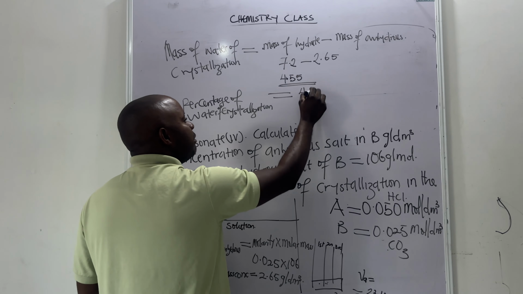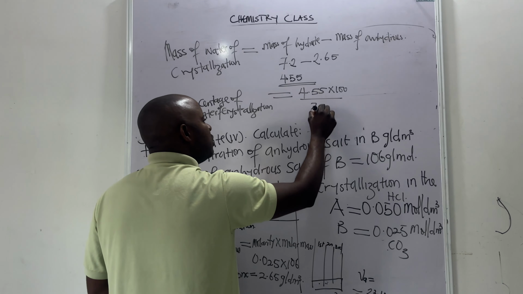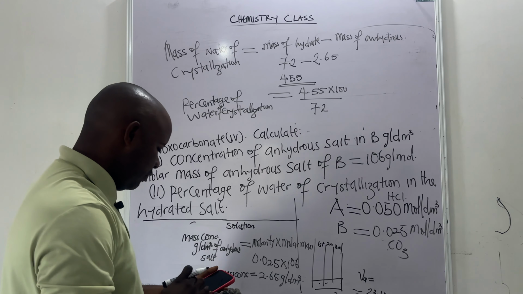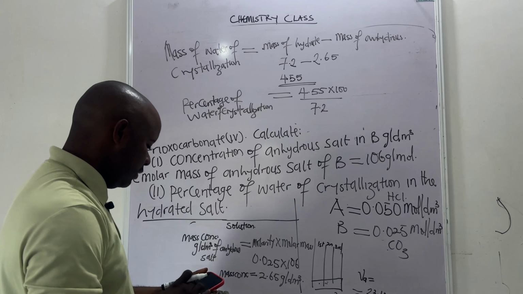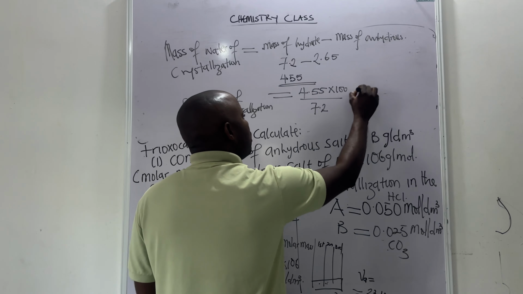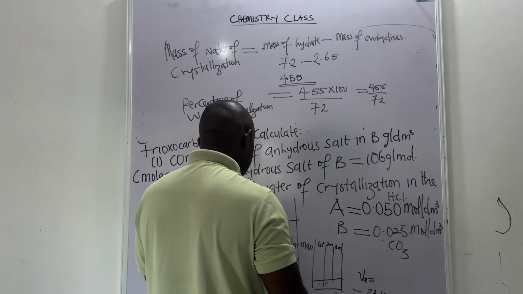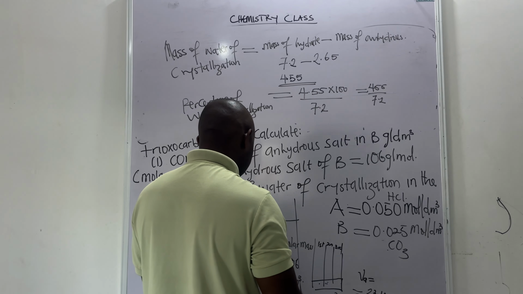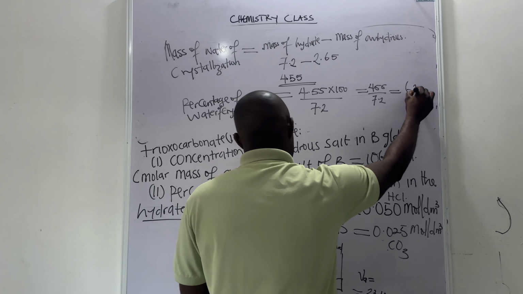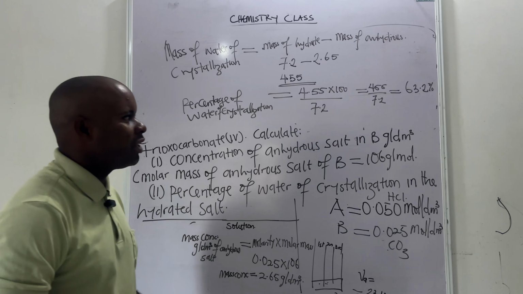We're going to have 4.55 times 100 over 7.2, which is 455 divided by 7.2, that is equal to 63.2%.